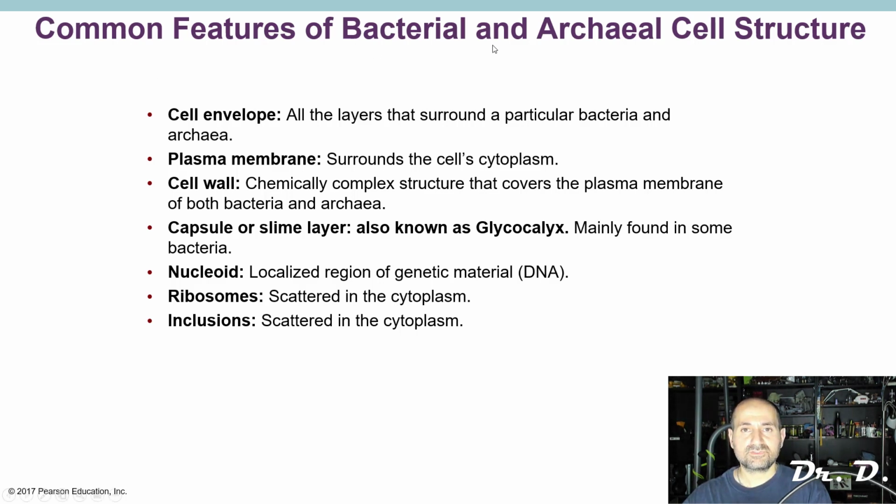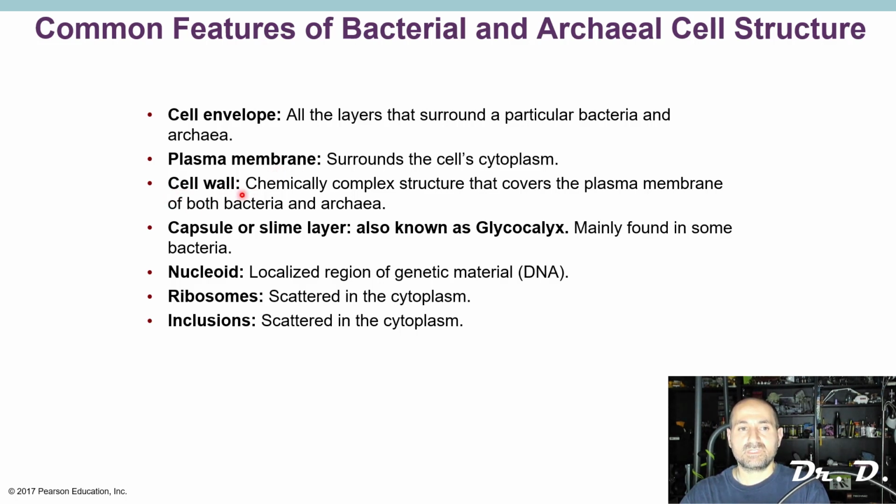So common features of bacterial and archaeal cell structure. Remember, these are prokaryotic cells, so you're not going to see any membrane-bound organelles. So here's some terminology for you. When I refer to the cell envelope, I'm talking about all the layers that surround a particular bacteria or archaea. So this would include the plasma membrane. Remember, all cells have a plasma membrane, the double phospholipid bilayer around the cell.